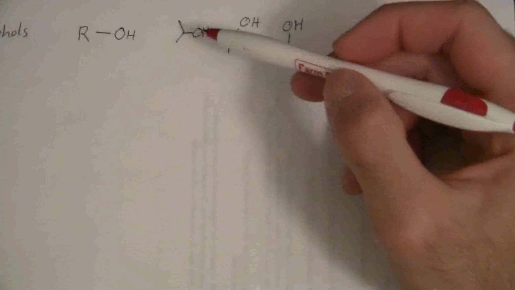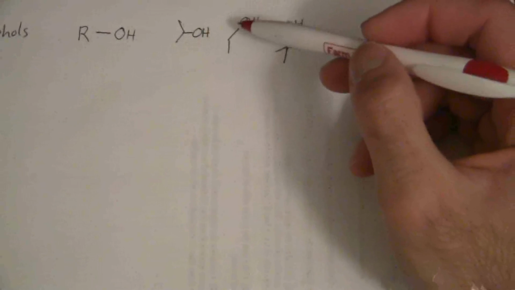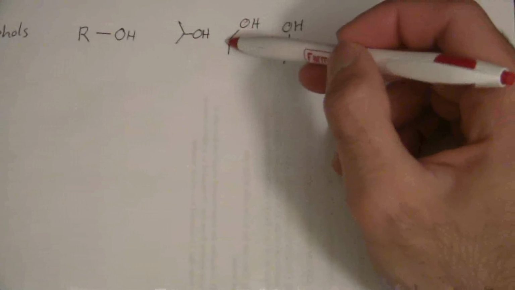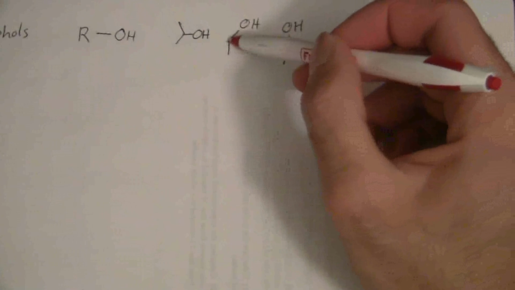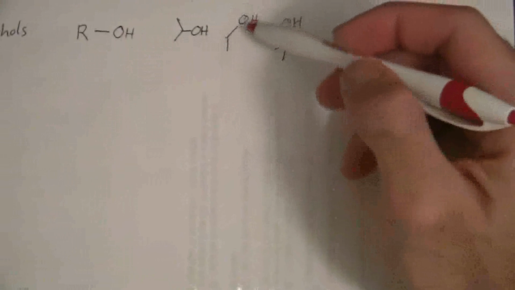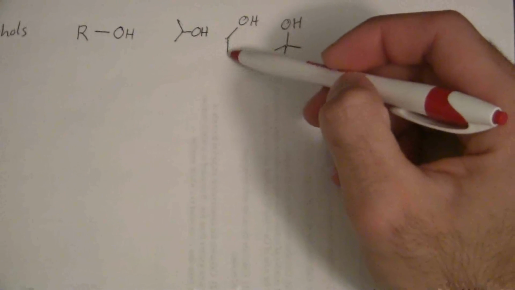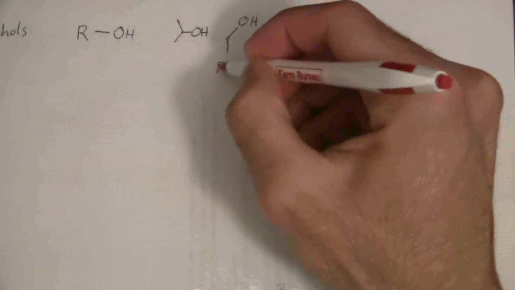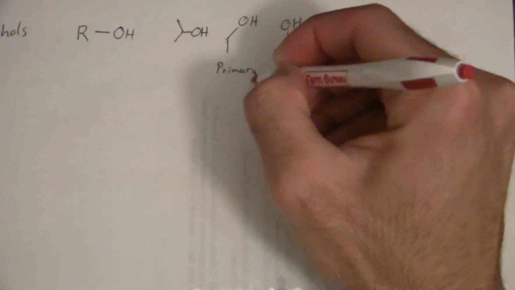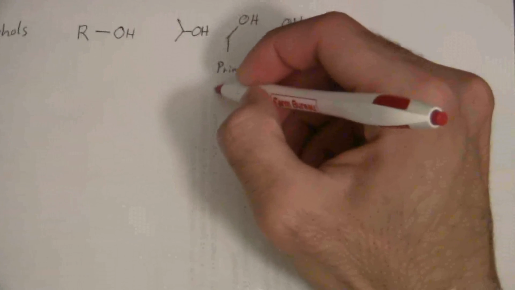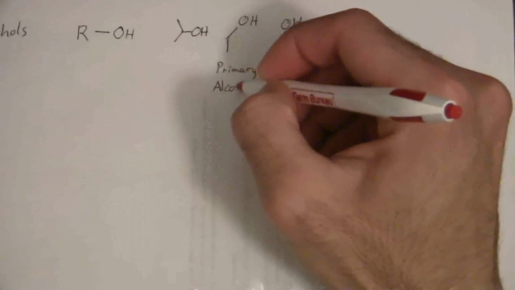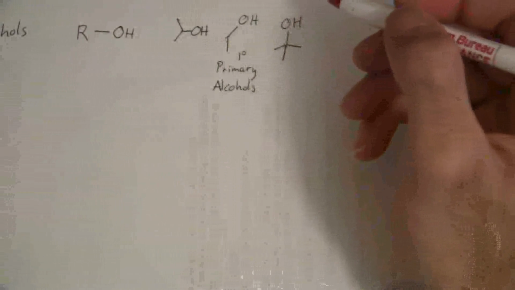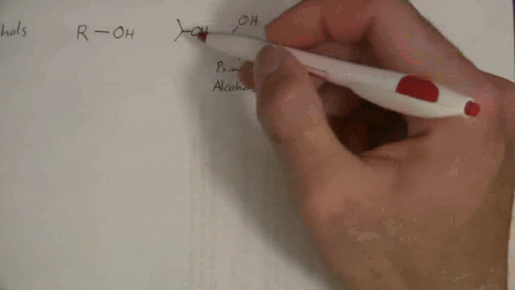Well, similarly, for an alcohol, if you look at the carbon that the alcohol group is attached to, and then you ask how many carbons is that carbon connected to? Well, if it's just on one, or if it's by itself, that is a primary alcohol. Just like we had primary amines, we also have primary alcohols. Again, the abbreviation for primary is 1 and then the degree symbol.